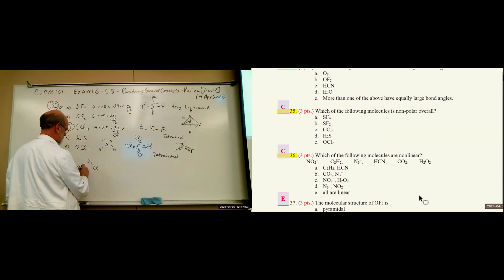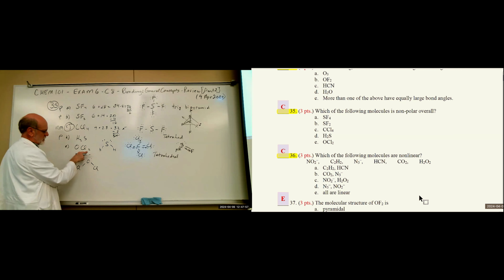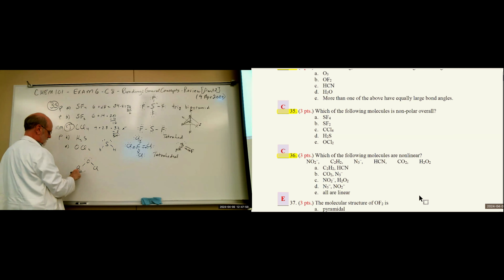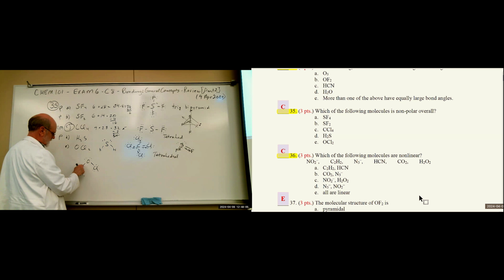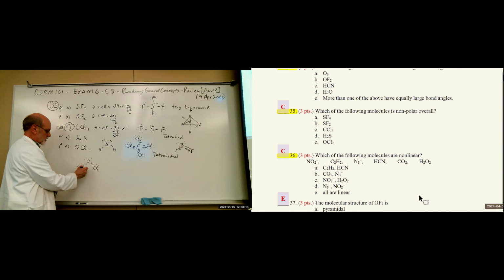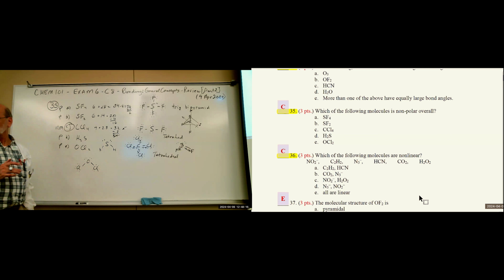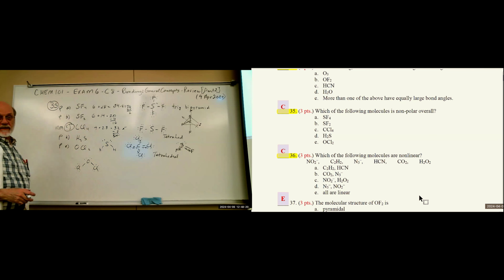Let's see, we've got 2 times 7 is 14, plus 6 is 20. So we got 2, 4, 6, 8, 10, 12, 14, 16, 18, 20. Yep, it looks like water also. And this is polar also. Okay. So the only non-polar one in here is carbon tetrachloride.